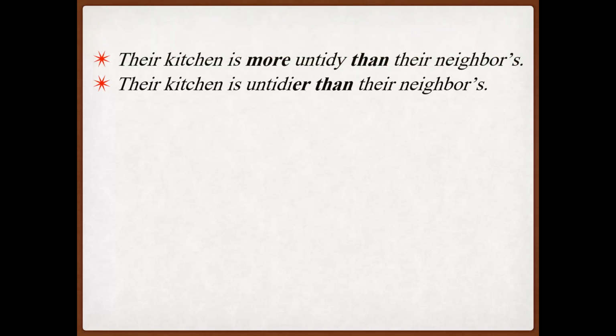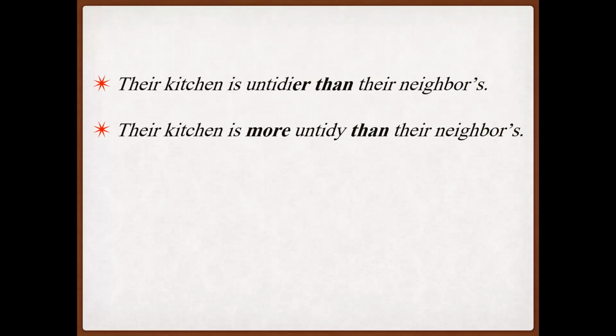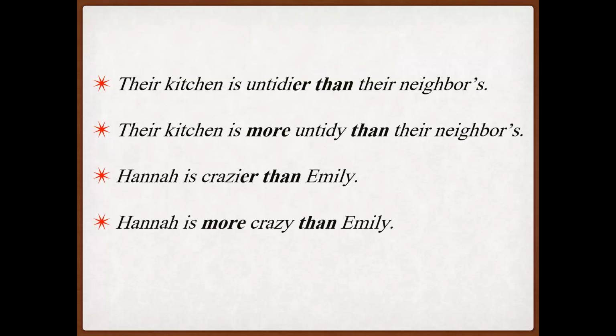So we can either say their kitchen is untidier than their neighbors', or their kitchen is more untidy than their neighbors'. Another example is Hannah is crazier than Emily, or Hannah is more crazy than Emily.